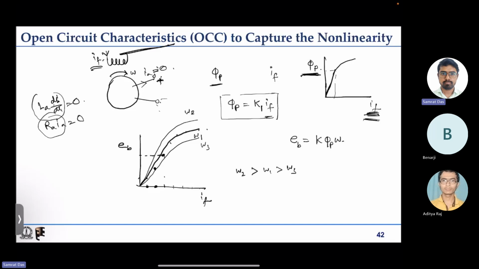This is the characteristic of back EMF and field current at different speeds. That is known as open circuit characteristics, which is used to capture the nonlinearity, if we want to incorporate the nonlinear effect due to saturation in our mathematical model.